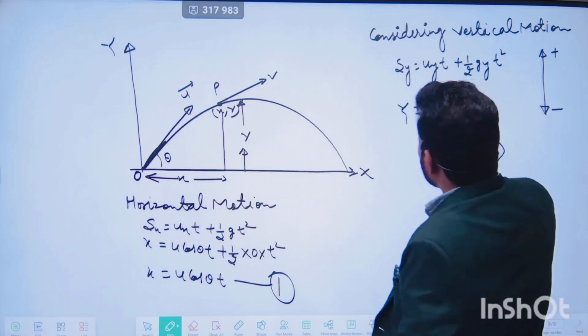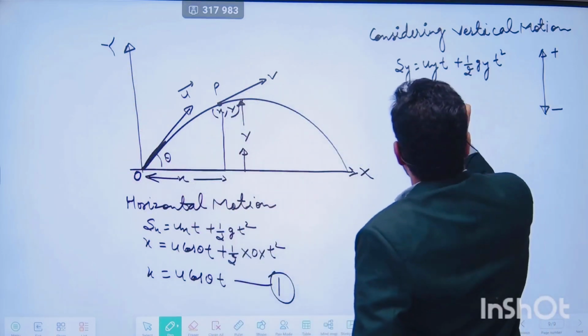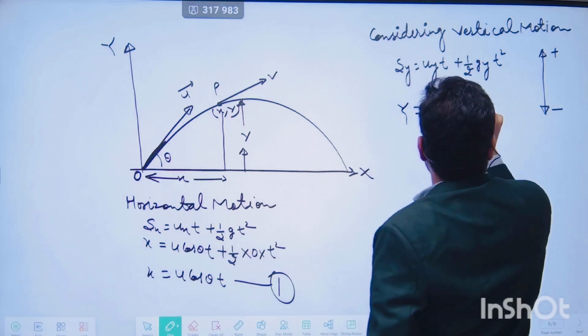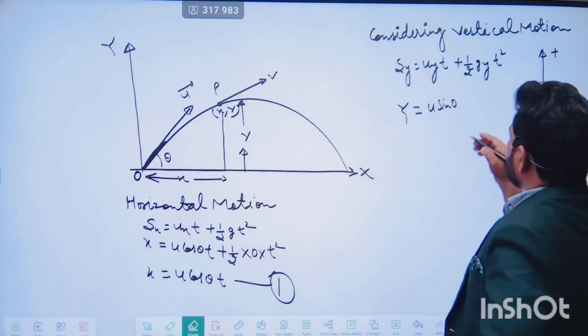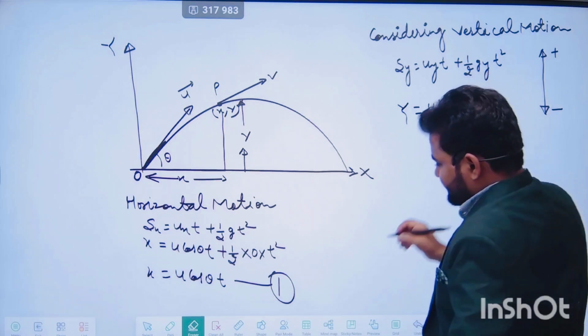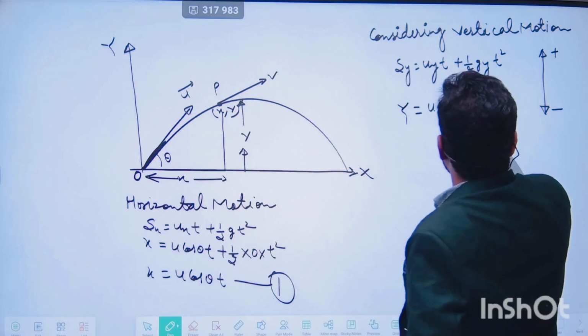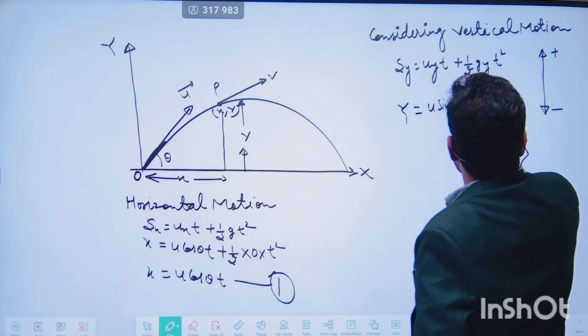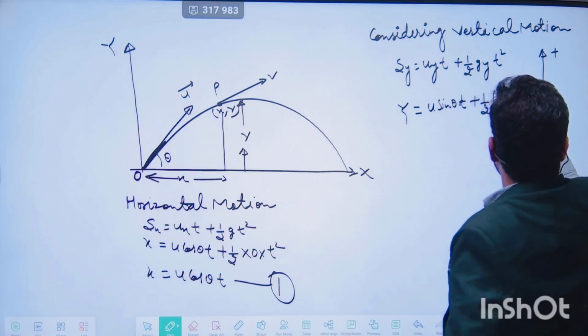And what about the uy? uy is equal to u sine theta. So from here u sine theta into t, and plus 1 by 2 minus of g into t square.